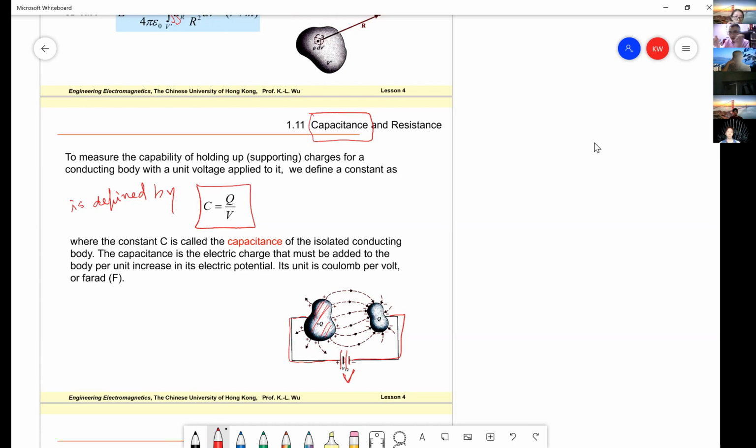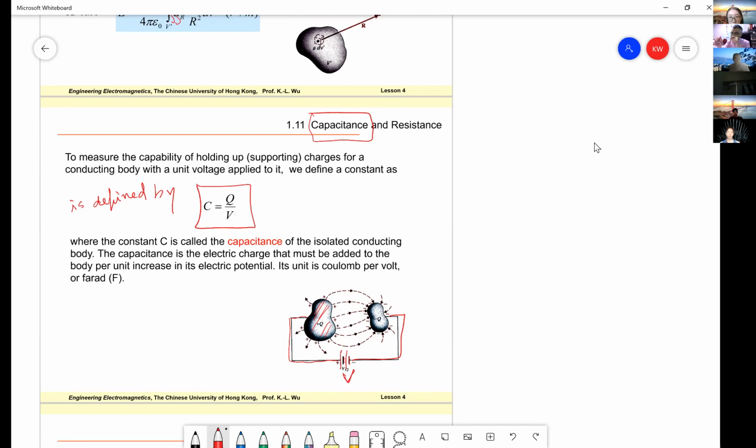For example, if the capacitance is high, you give a very small voltage difference, and you can have a larger amount of Q held by the system, right?